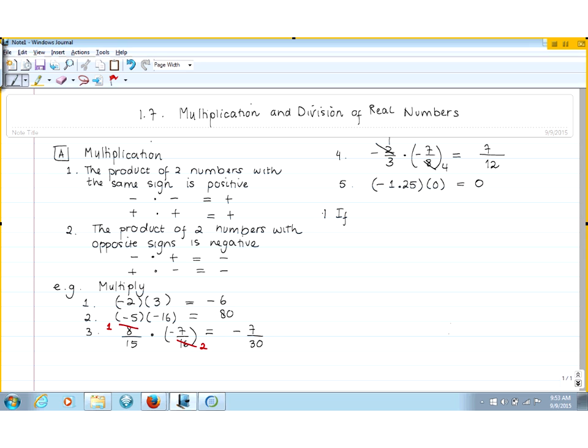What about if we multiply more than 2 numbers? So if we multiply more than 2 numbers, what happens? Then we count the number of negative numbers.